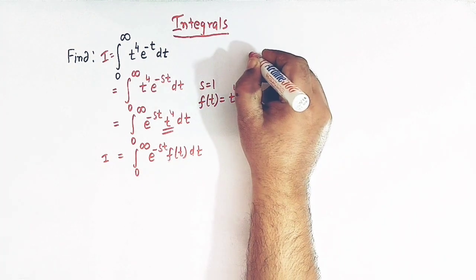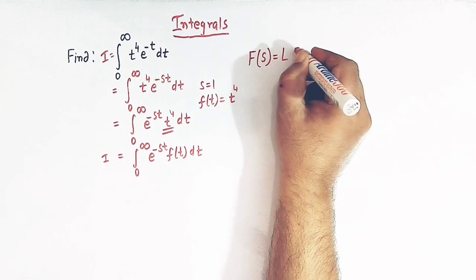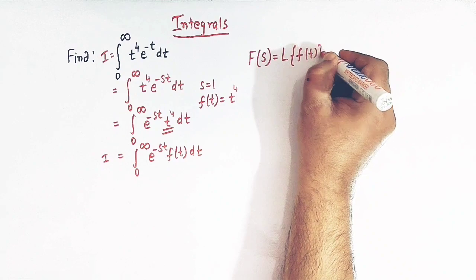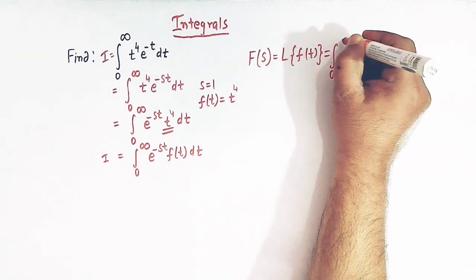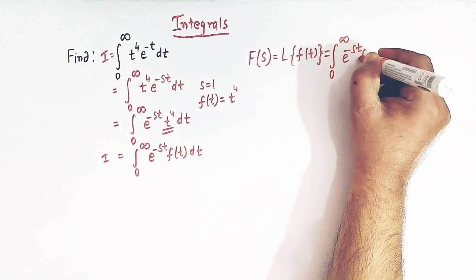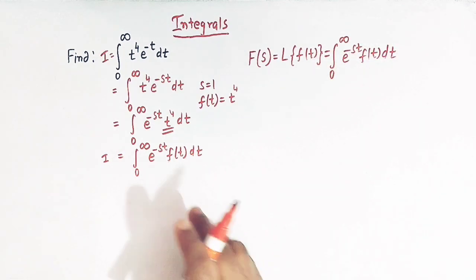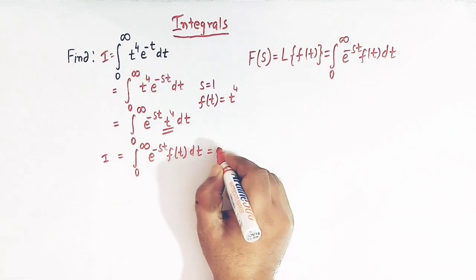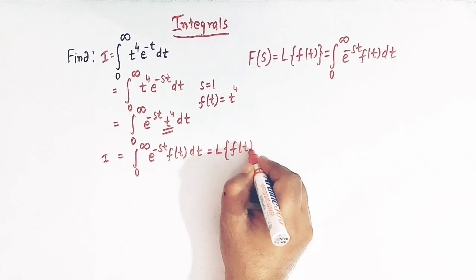Because we know that the Laplace transform of f of t, L of f of t, is given by the integral from 0 to infinity of e raised to minus st f of t dt. So this integral is now the Laplace transform of f of t.